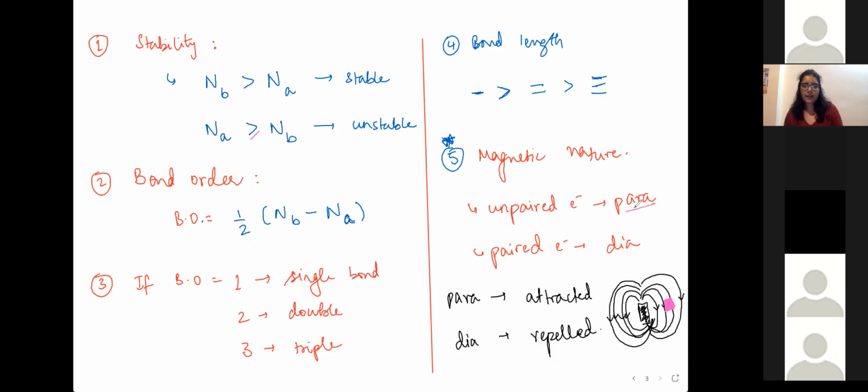If they are paramagnetic, if they're attracted to the magnetic field, all the electrons get aligned in a single direction, depending on however the magnetic field lines are. If they show that kind of behavior, you call that substance paramagnetic.